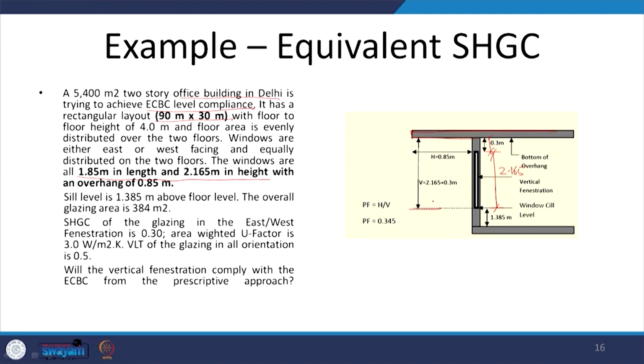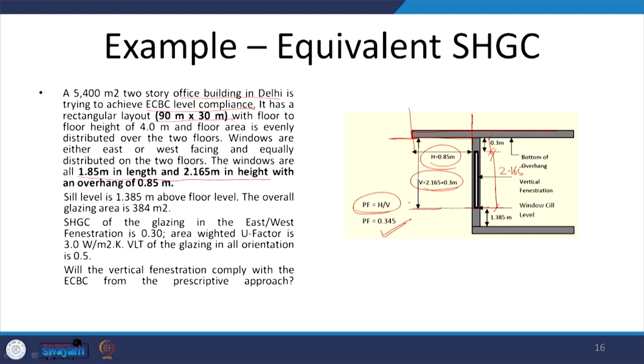So, the total height of the shading device from the sill of the window is 2.165 plus 0.3 meter, which is the vertical dimension, and the horizontal projection of this roof is given to be 0.85 meter. So, we calculate the projection factor as H by V, and this comes out to be 0.345.